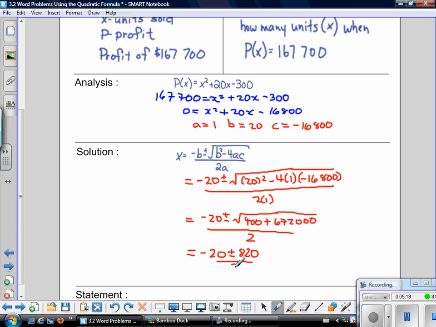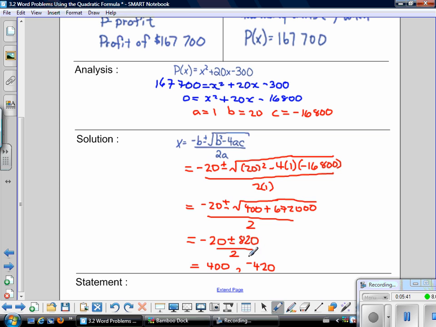So we have our two roots located here. We have 400, and we also, when we take the negative 20 minus 820, so we have negative 840 divided by 2, we have negative 420. Now, when I look at both of these roots, the thing I have to be aware of is I'm talking about units produced. So it doesn't make sense to have a negative number.